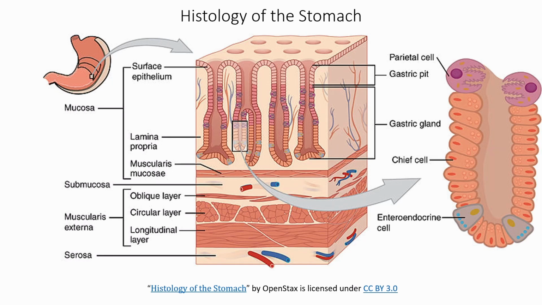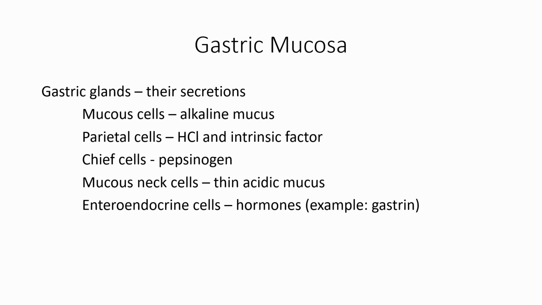And so let's go ahead and find out what these guys do. In the gastric glands, they're going to be secreting all the gastric juices, but each cell is contributing something different. We have mucus cells, which are going to produce alkaline mucus. The parietal cells, the one thing I want you to remember is the hydrochloric acid.